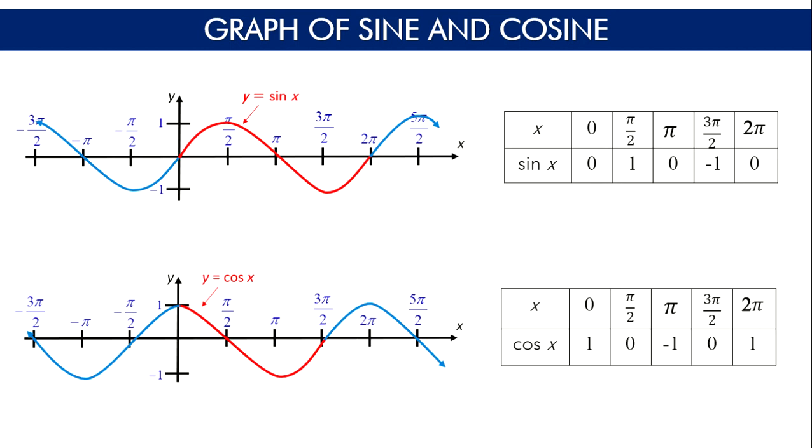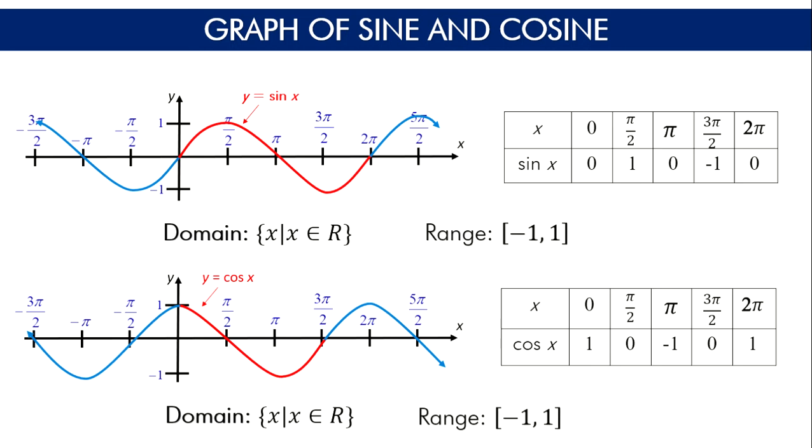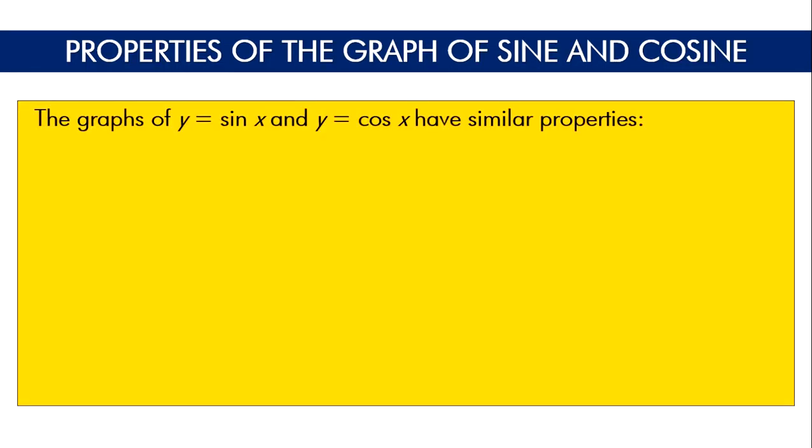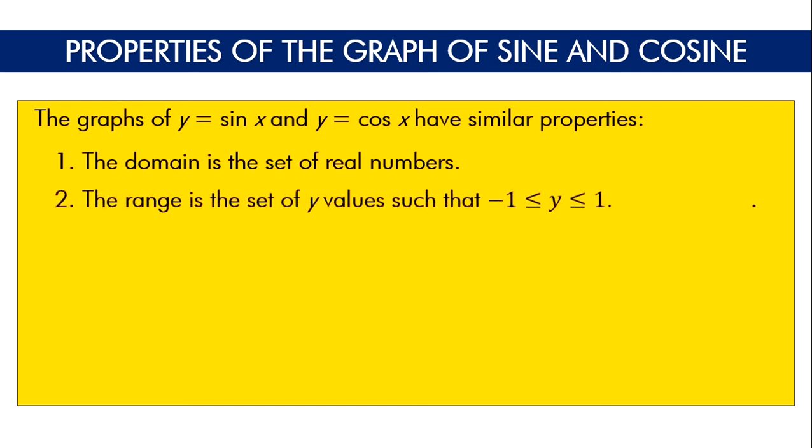With the range, looking from down to up, it is from negative 1 to 1 inclusive. So again, the domain is all real numbers and the range is from negative 1 to 1 inclusive.